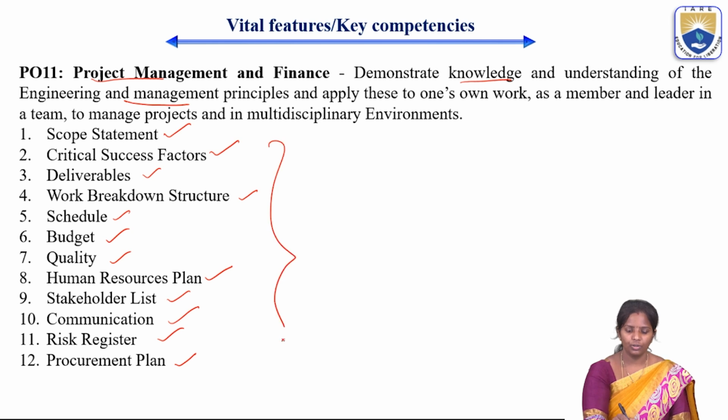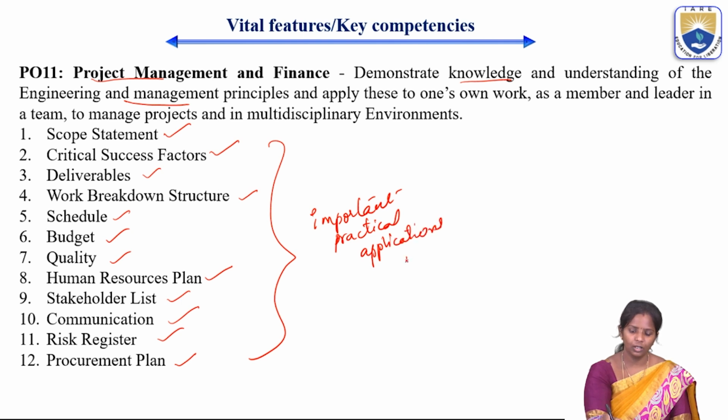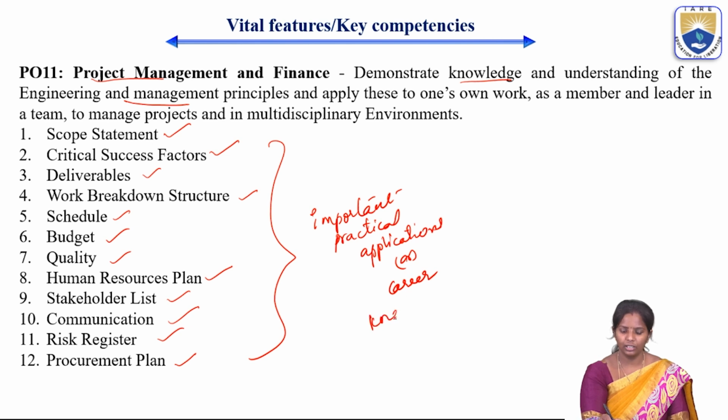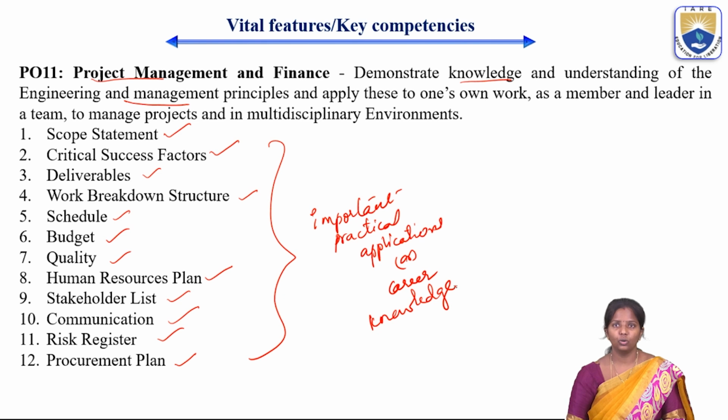These are all important when they go for practical applications or in their career. They need to have knowledge of all these if they are going into a particular course.